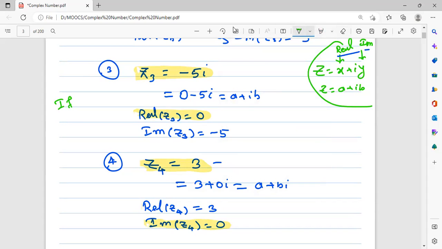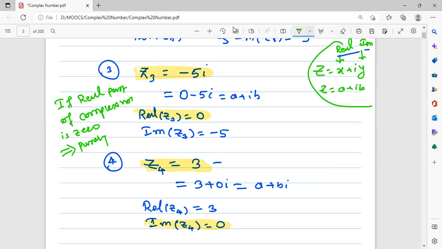If the real part of a complex number is 0, then this is called a purely imaginary number.